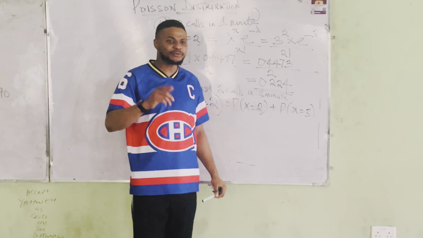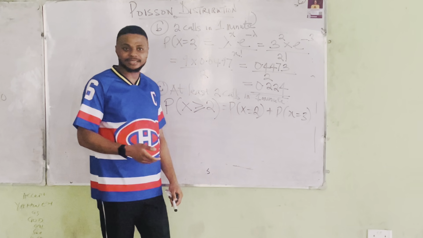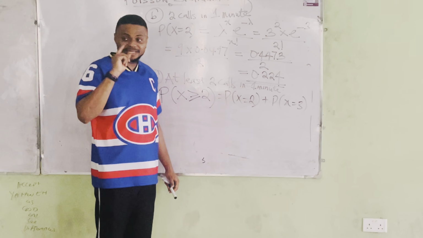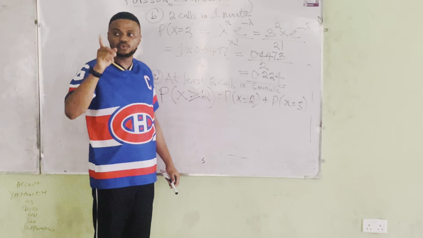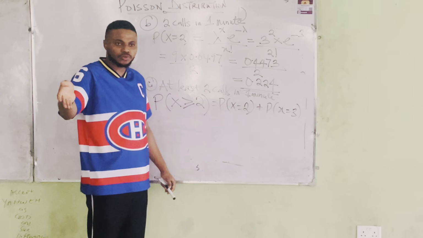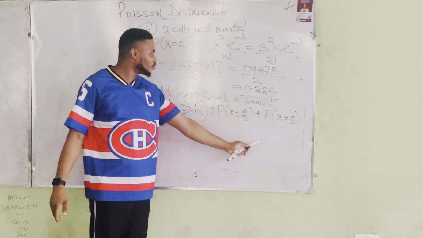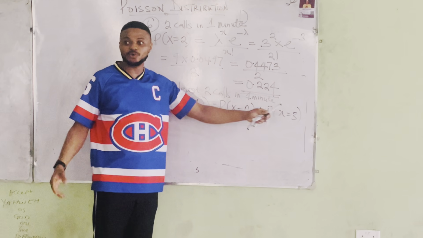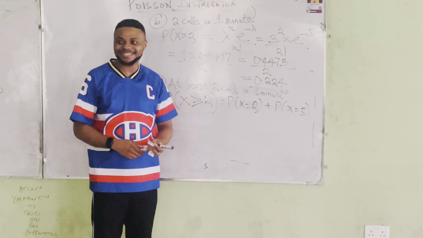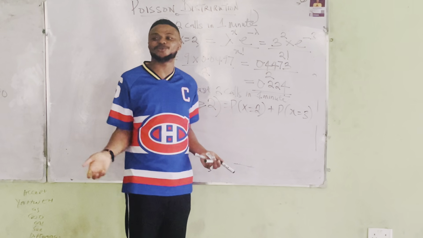If it were at most 2 calls, it would have been probability of x less than or equal to 2, which means the highest value should be 2. You're talking about the values less than 2 and equal to 2. So now you have to look for the probability of x equal to 2 and the probability of x equal to 3, and you add them. Luckily for us, we already have probability of x equal to 2, so you don't have to start doing it again.